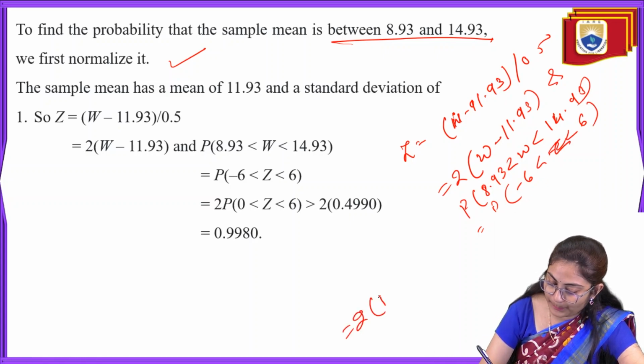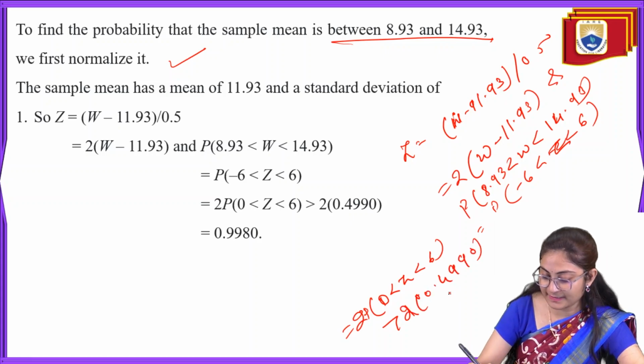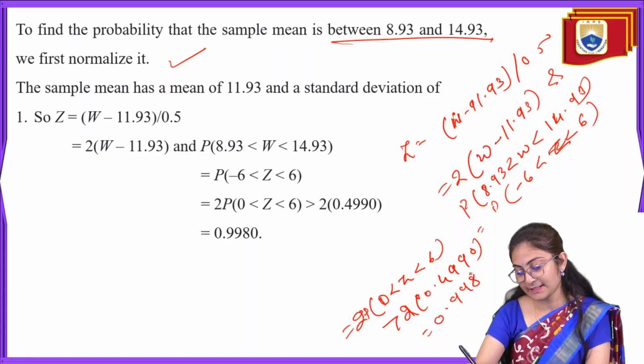Then 2 times P of 0 less than Z less than 6, which is 2 into 0.4990, and you will get the answer 0.998.